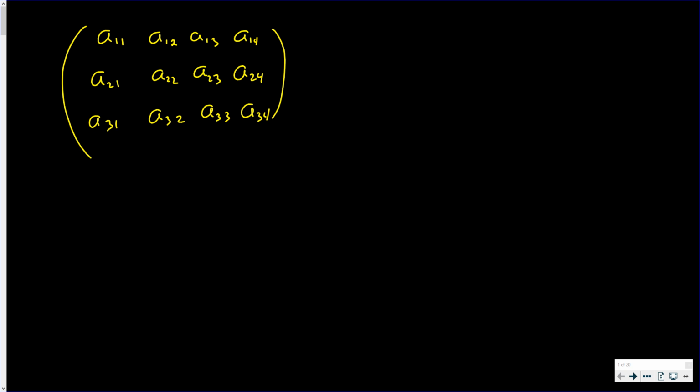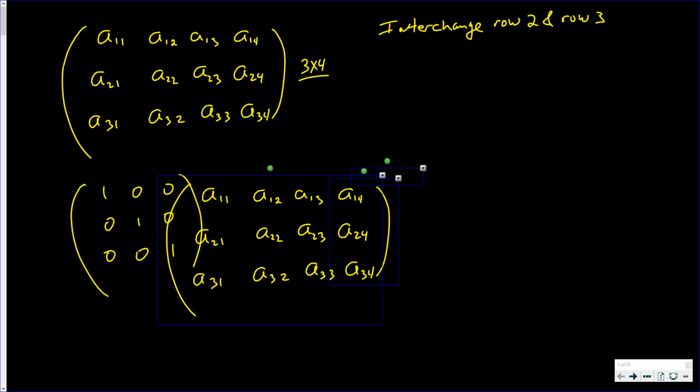The first thing is, let's suppose we want to interchange row 2 and row 3. You should always think about starting off with the identity matrix. That is, modifying the identity matrix. We modify the identity matrix and we're going to get what we want.